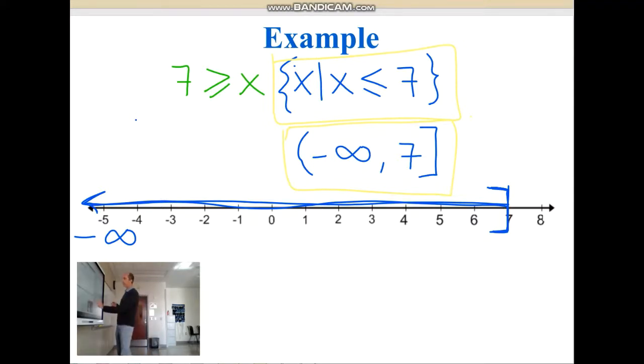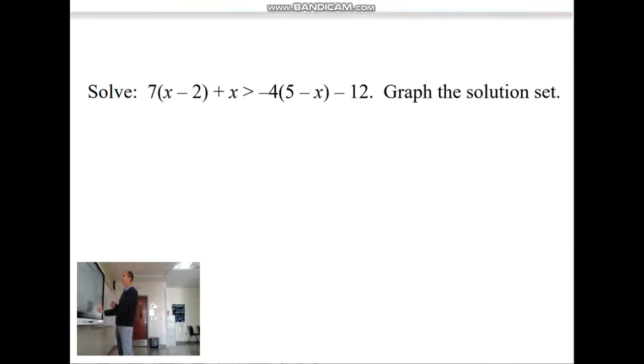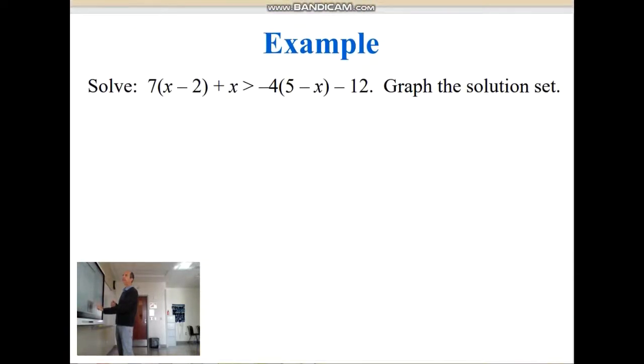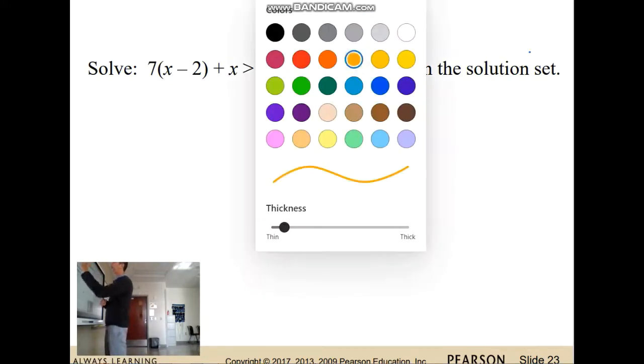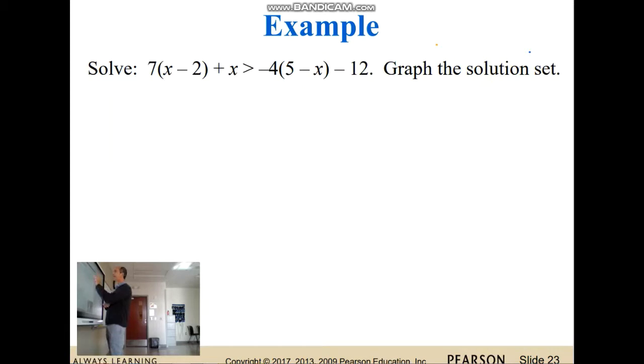And one more example. Now I have a long inequality here to solve. 7 times (x minus 2) plus x is greater than negative 4 times (x minus 5) minus x, minus 12. And the first thing we will do is the distributive property on both sides.